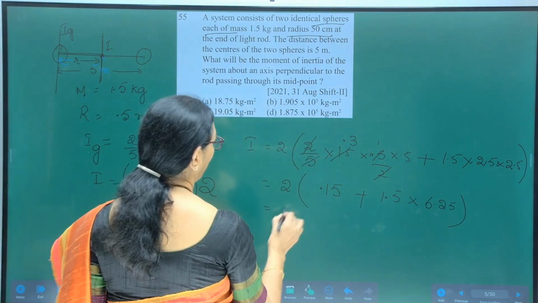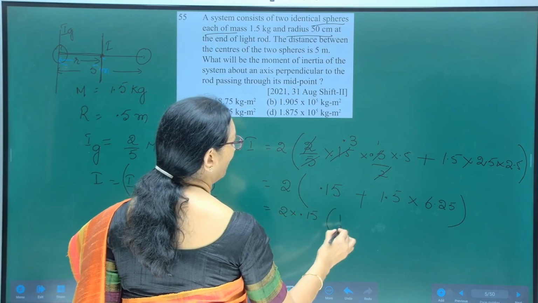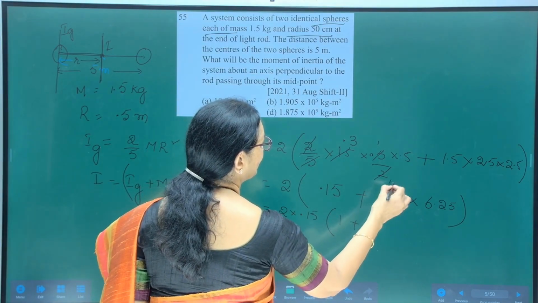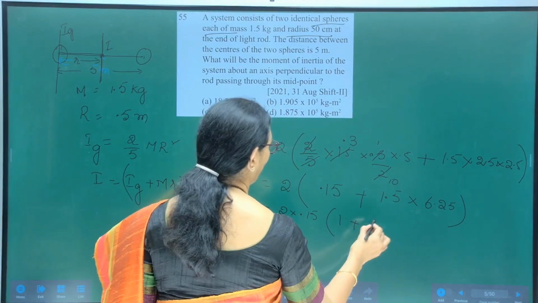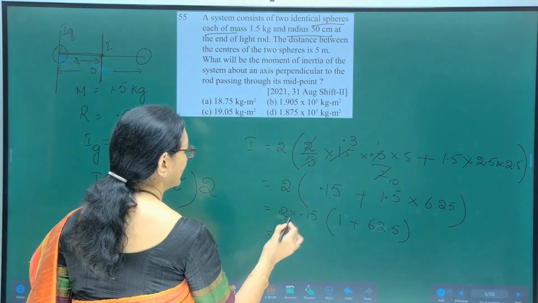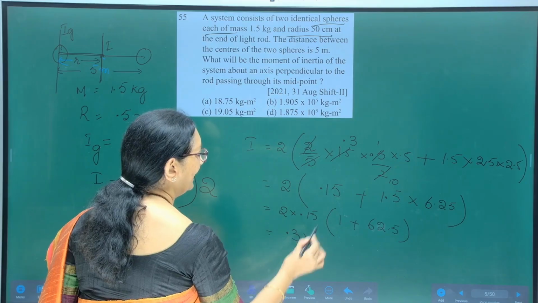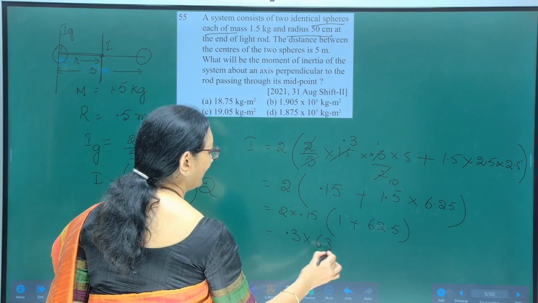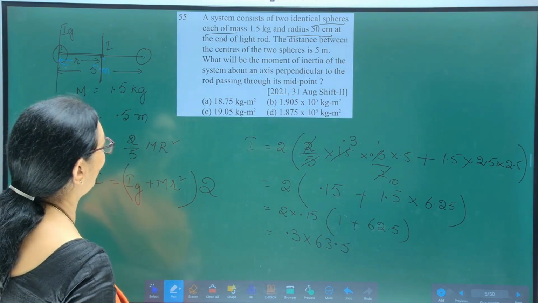So here just take 0.15 as a common factor. So 1, here it is 10, 0.15 into 10 into 6.25 is 62.5. So this becomes 2 into 0.15 is 0.3 into 63.5. So 63.5 into 3.